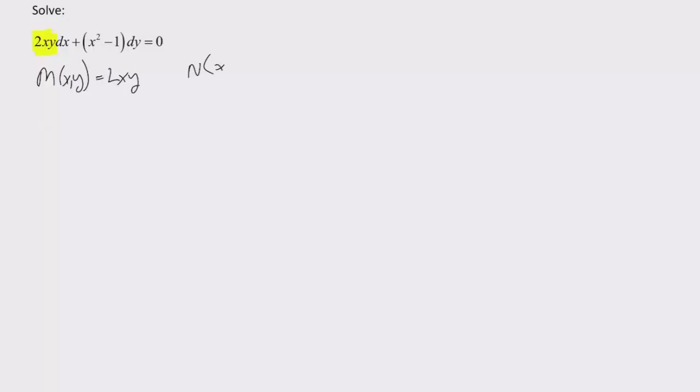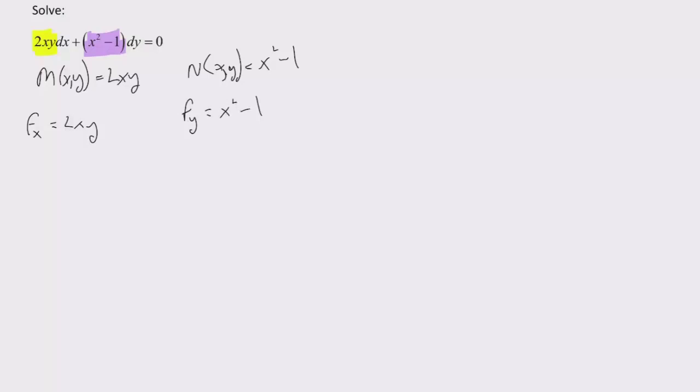So n of xy would be this piece in front of dy. So that's x squared minus 1. Okay, so just as a reminder here, that's if we in fact have a grand f function, and I've done the partial, I'm looking at 2xy, and I've done the partial with respect to y, and I'm looking at x squared minus 1.